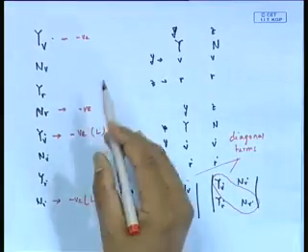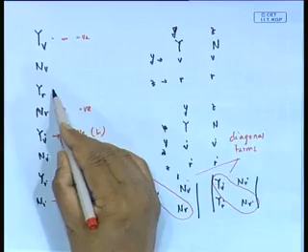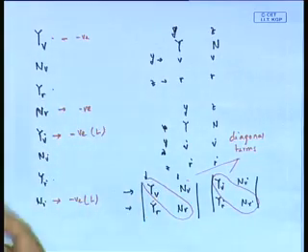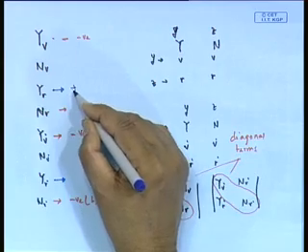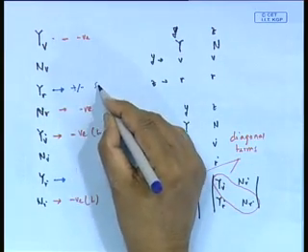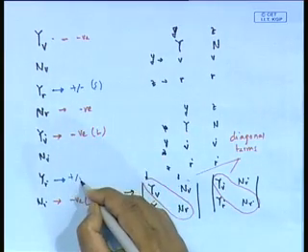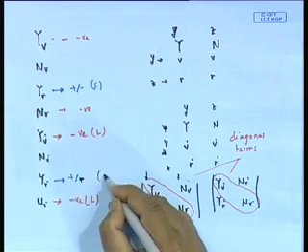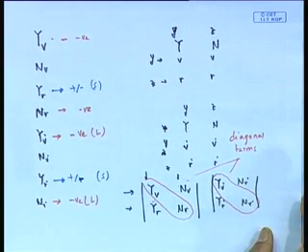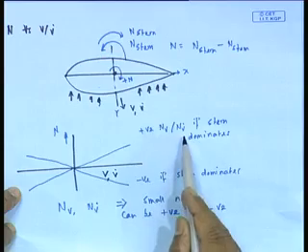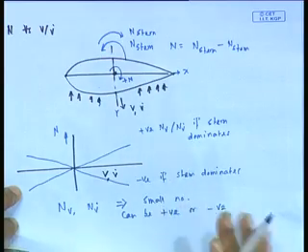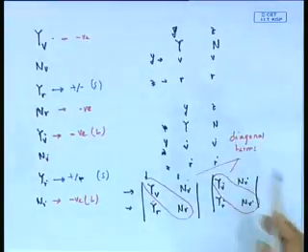So, yr and yr dot. Then, if you look at nv dot, again it can be positive or negative, but small value.